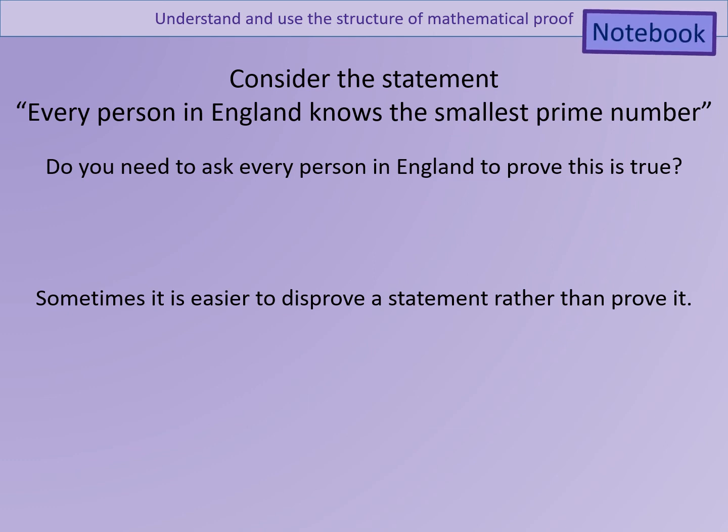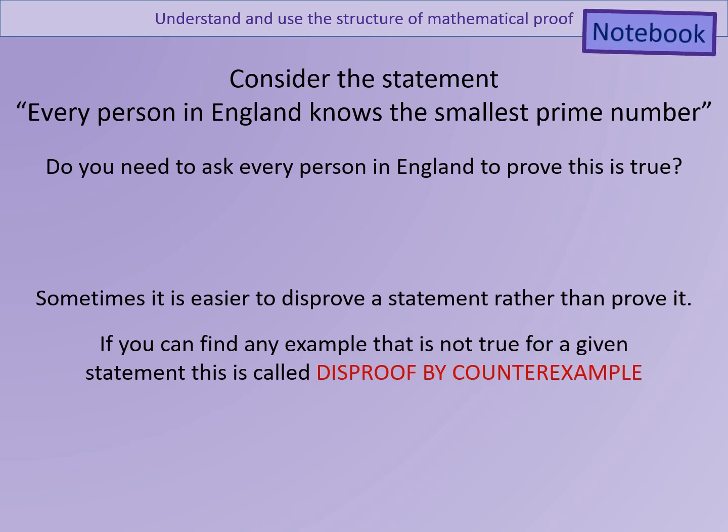So I just need to find someone who doesn't know the smallest prime number. And so it's quite often easier to disprove a statement rather than to prove it. And so this is what the final part of this presentation focuses on. It's disproof rather than proof.